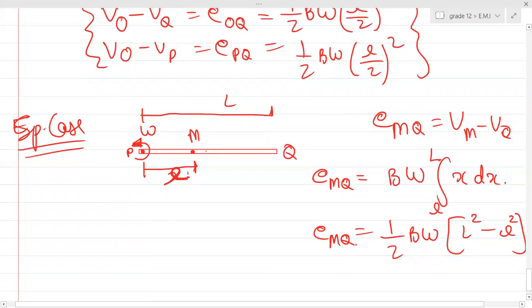Please note it down. And in all the cases, the magnetic field is like this only, because the direction, I know you people can apply the right hand palm rule and get the direction easily.